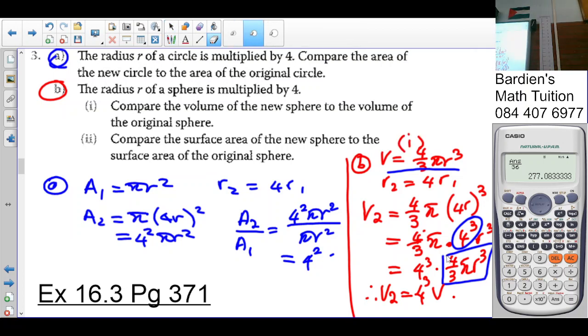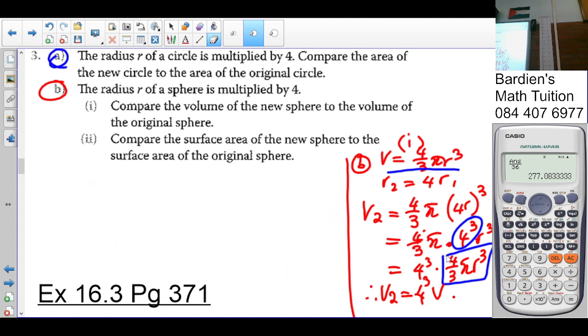Number 2 says, compare the surface area of the new sphere to the surface area of the original sphere. Okay? Just taking this one back for what I've deleted here.